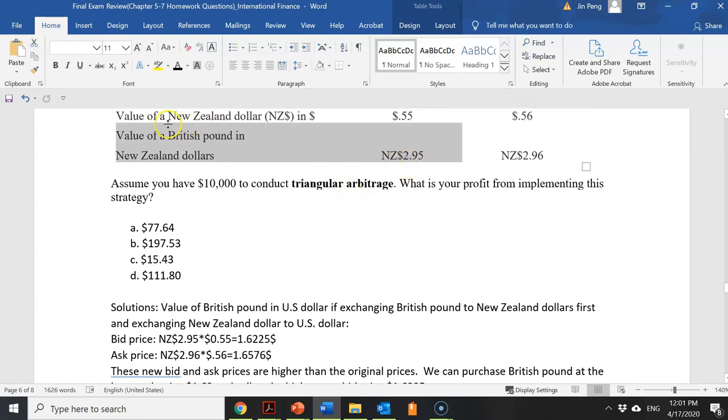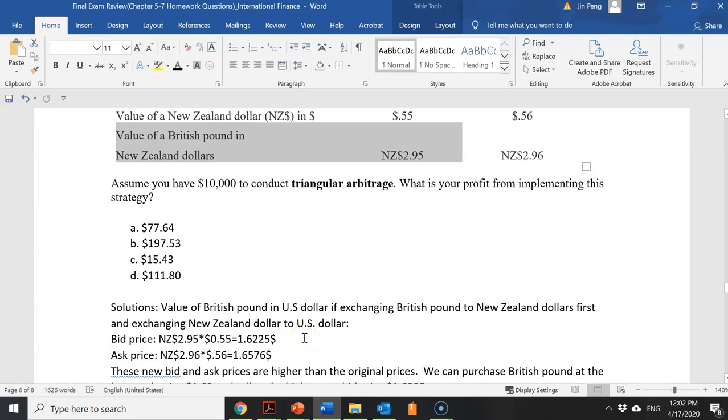And then because each New Zealand dollar is worth $0.55, we can multiply these two numbers, 2.95 New Zealand dollars multiplied by $0.55. So we can have $1.6225 for each British pound. Okay, we exchange 1 British pound to 2.95 New Zealand dollars, which is worth $1.6225. Okay, so 1 British pound is worth $1.6225 at bid.